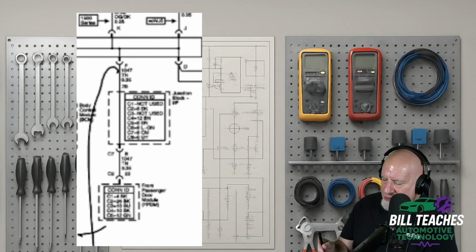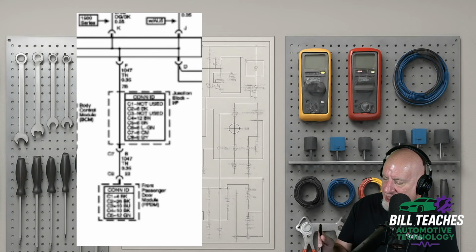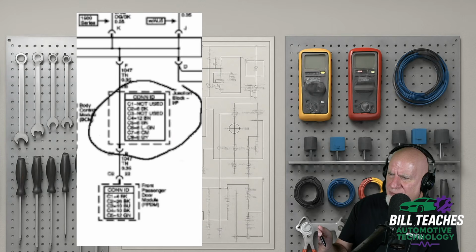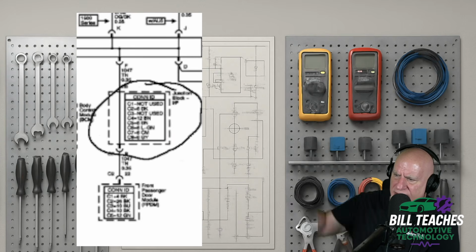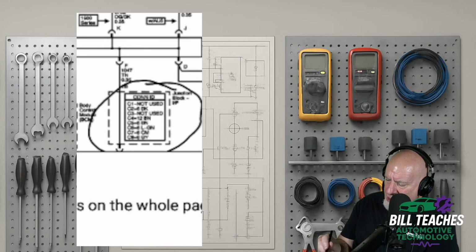So what I'm going to do now is I'm going to just start. I'm going to look and see, is there anything I can disconnect to isolate this circuit? Well, guess what? Right here is the instrument panel junction block. So that's on the right-hand side end of the dash. And there is a connector there. So what I can do, I can disconnect this connector C2.